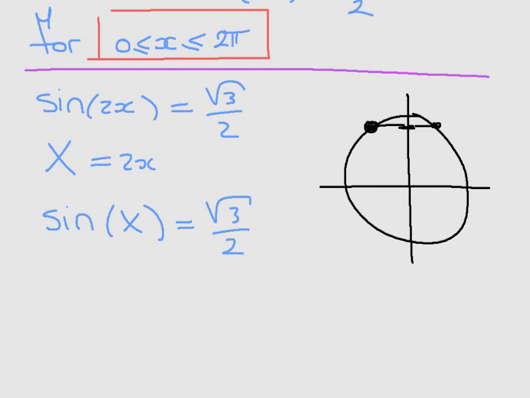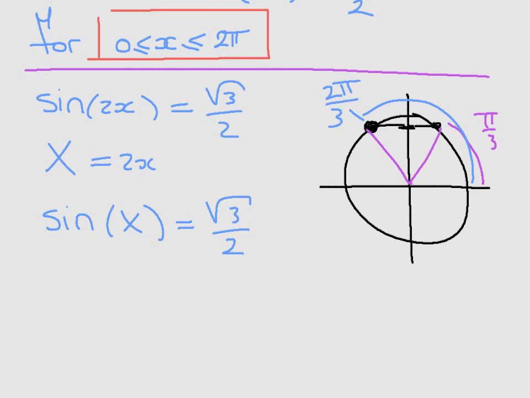If I use another color there to make that a little clearer, we're looking at these 2 values on the unit circle. In radians, this first angle corresponds to pi over 3. The second angle is going to correspond to 2 pi over 3. If you wish, in degrees, that would be 60 degrees and 120 degrees.